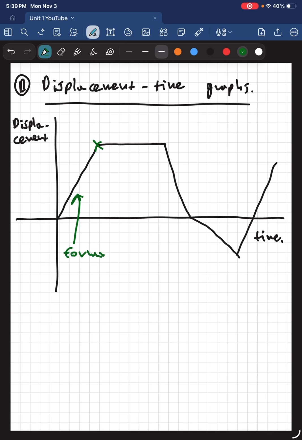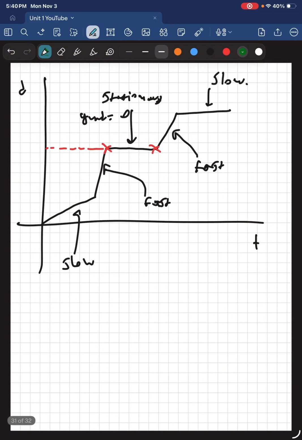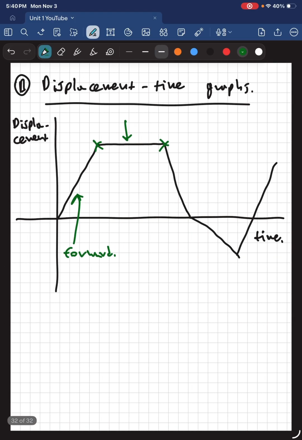In the second one, it's the same case as the one we just discussed earlier. The object is actually stationary because the displacement doesn't change. The gradient is 0, which represents a 0 speed.